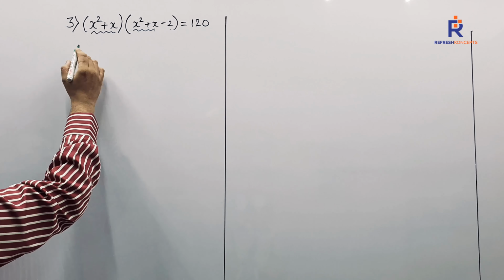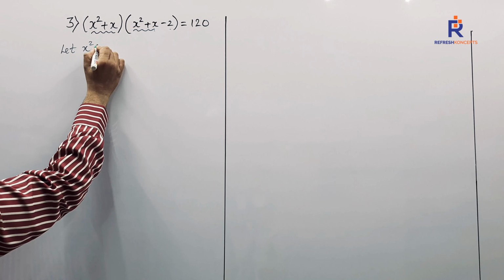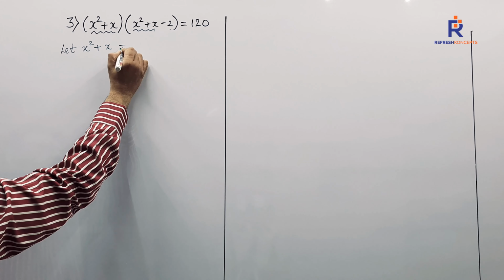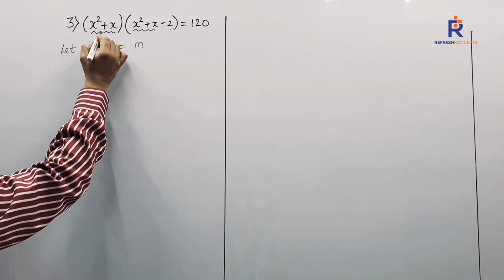So this time our substitution will be, let x square plus x is equals to m. So wherever there is x square plus x, we'll write down it as m.